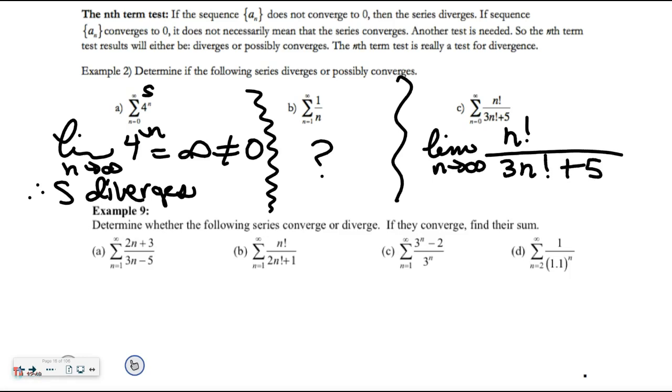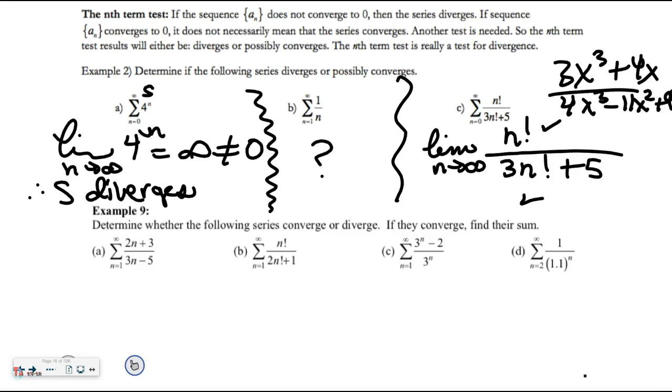So think about, we've been talking a lot about growth. What does your gut tell you that limit would be? I'm hearing primarily 1/3 and a couple little zeros in there. The bottom is bigger, but do you see how I've got tied power function families? Kind of like if it was 3x cubed plus 4x over 4x cubed minus 11x squared plus 99.